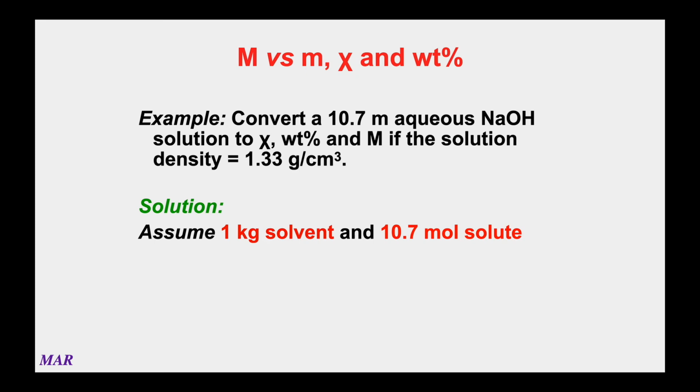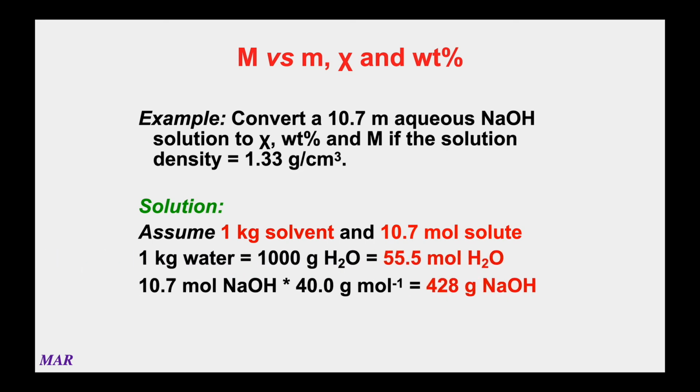And if you're starting with molality, you want to assume you have 1 kilogram of solvent. And if you have a kilogram of solvent and the solution is 10.7 molal, that means you have 10.7 moles of solute. And remember, in this problem, the solvent is water and the solute is NaOH. If you have moles and grams of both solute and solvent, you can knock all of the first three right out.